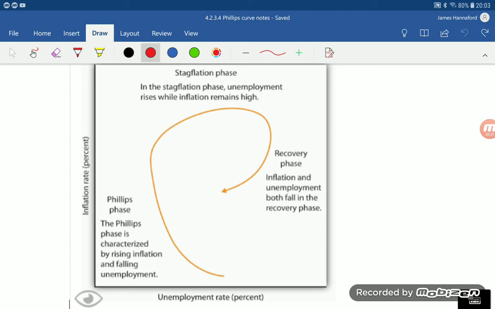Well, that would make sense because there was high inflation, because the price of oil had gone up because of wars in the Middle East. So there was large degrees of cost push inflation and high degrees of unemployment. The recovery phase, well, that would appear to be what happened in the noughties, low inflation and low levels of unemployment.